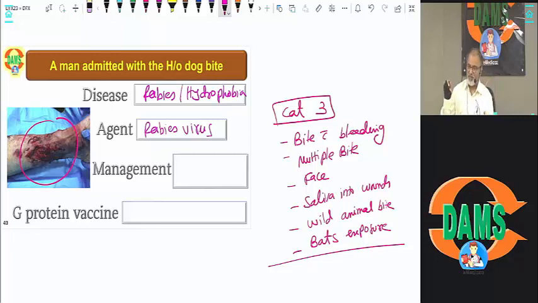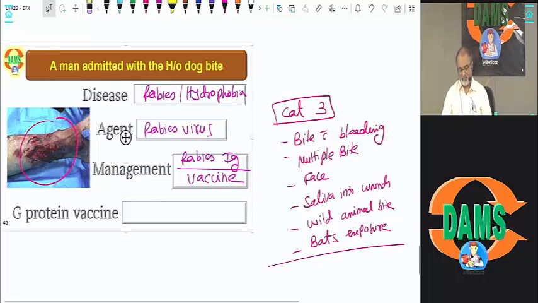What is the management for category 3 bite? Number 1, immunoglobulin with vaccine. We can give both vaccine and immunoglobulin. Category 3 bite, you can go for vaccine with immunoglobulin.